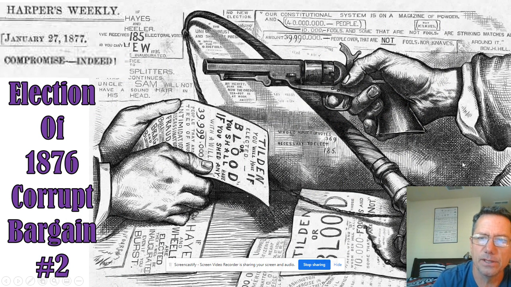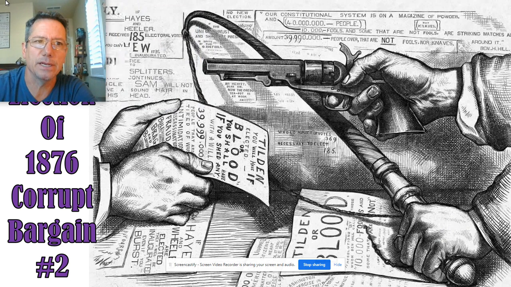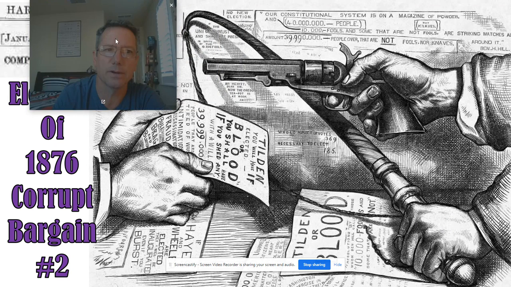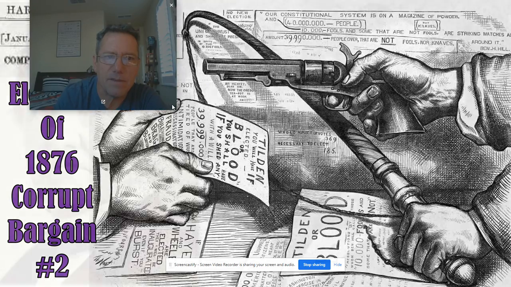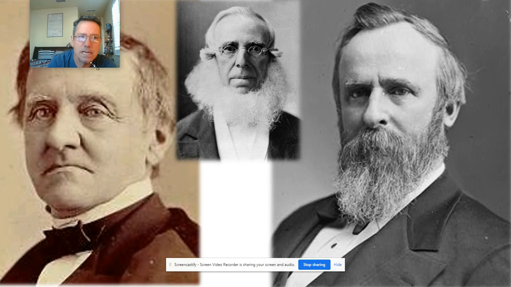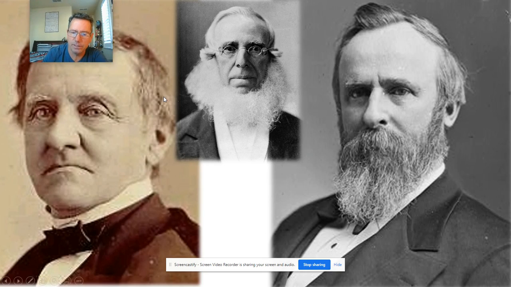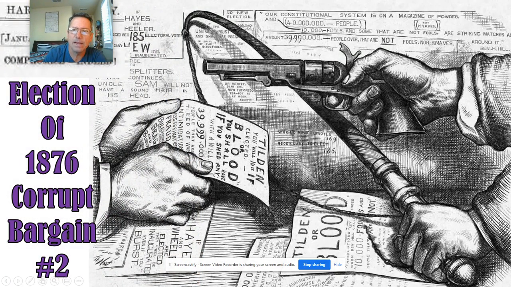So the idea that you have in this political cartoon here, it's hard to see, but in this corrupt bargain of 1876, is you have a white northern hand, New York, holding a gun, and a white Southern hand holding a whip.